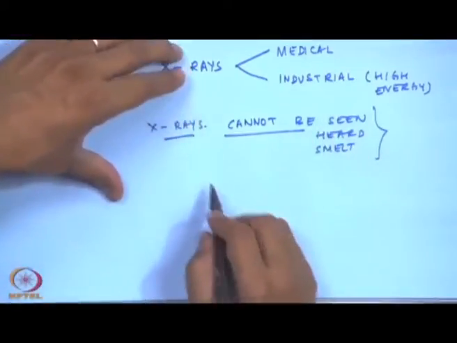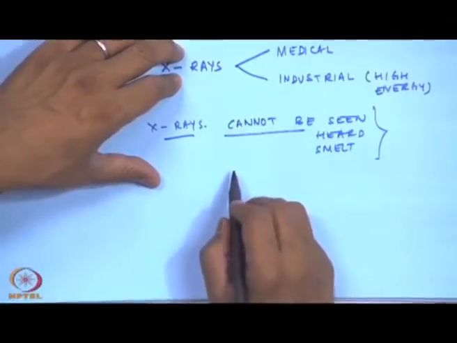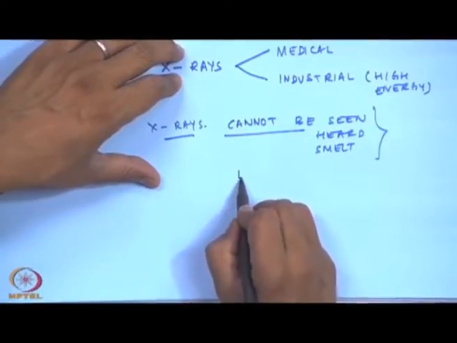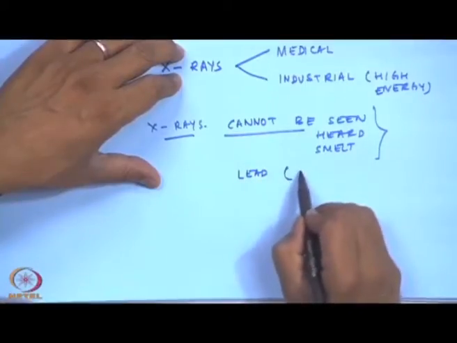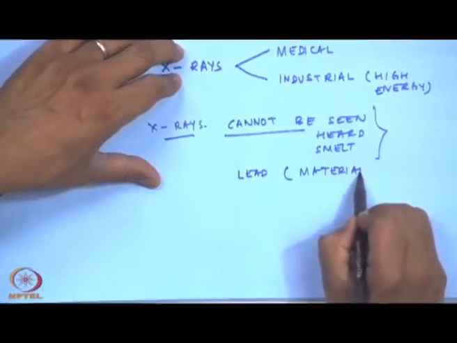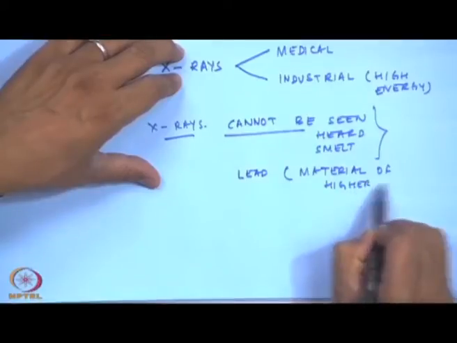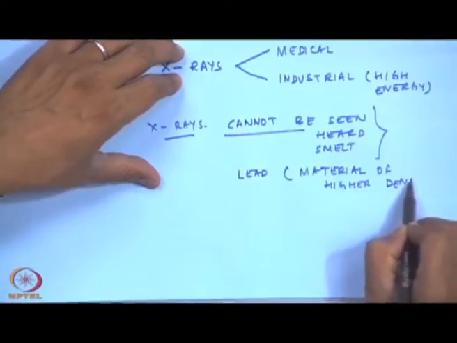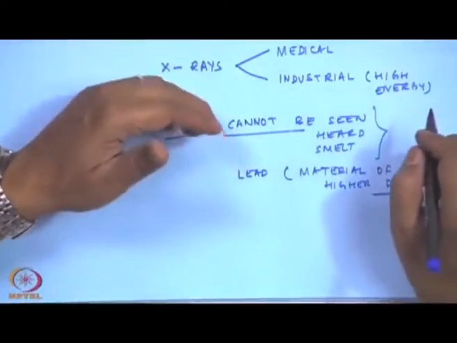And usually, one particular thing or guard people use is lead or any material of a higher density, which can absorb the X-rays.